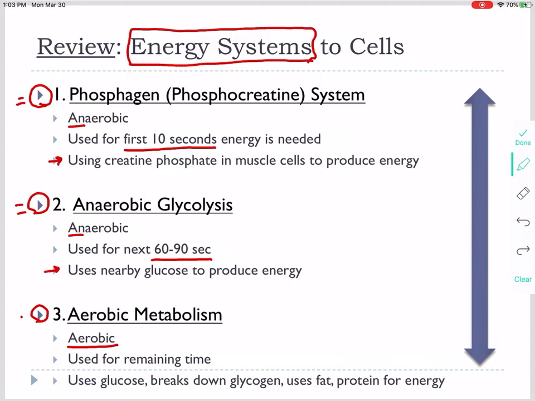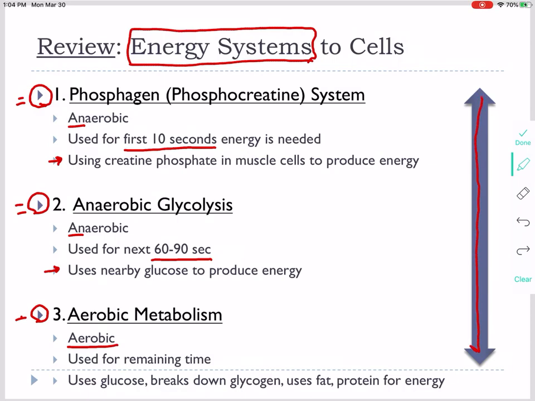So we have to have a way to get quick energy without oxygen. But after about a minute, minute and a half, 2 minutes, we've given enough time for respiratory rate to increase, where I can bring in more oxygen and we can start to produce energy aerobically, which we like to do because aerobic metabolism gives us the most energy output.